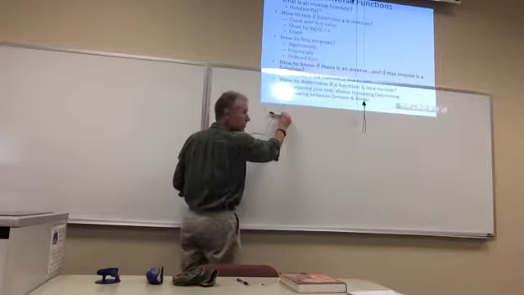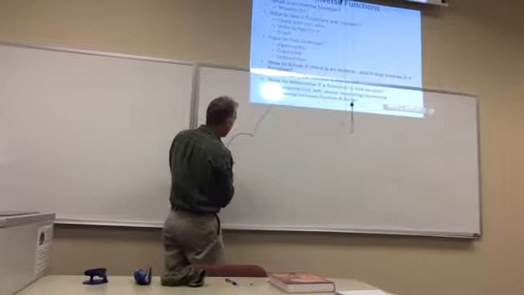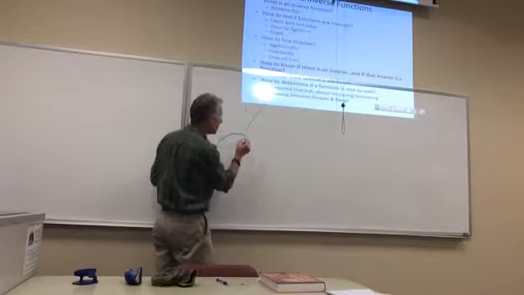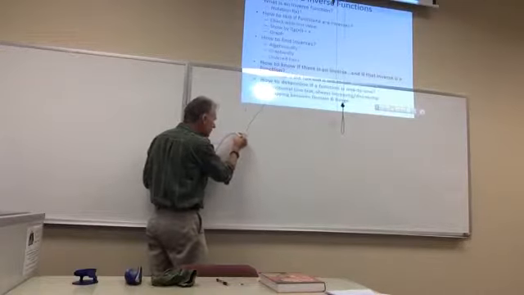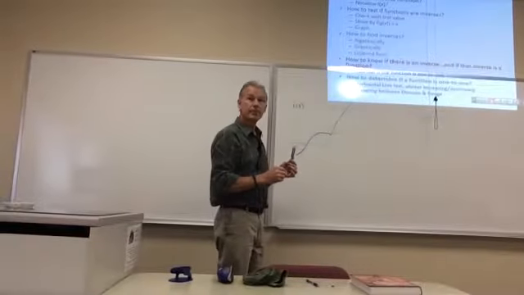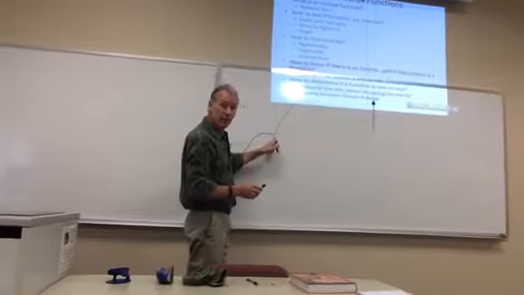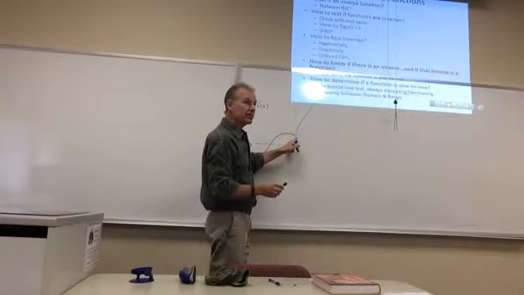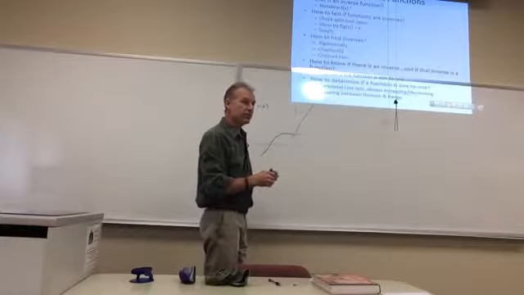But notice now if I tried to do the horizontal line test, right there I would cross two places, right? Or in fact, where it's at right there through that flat spot, I would cross for quite a while, right? So in this case, we'd say it doesn't pass the horizontal line test, which means that inverse, if we were to go find it, is not going to be a function.